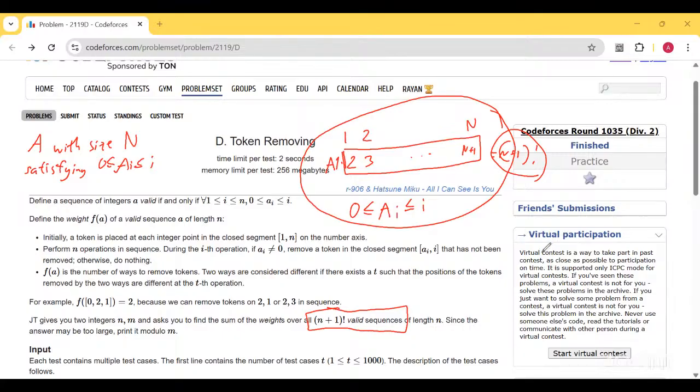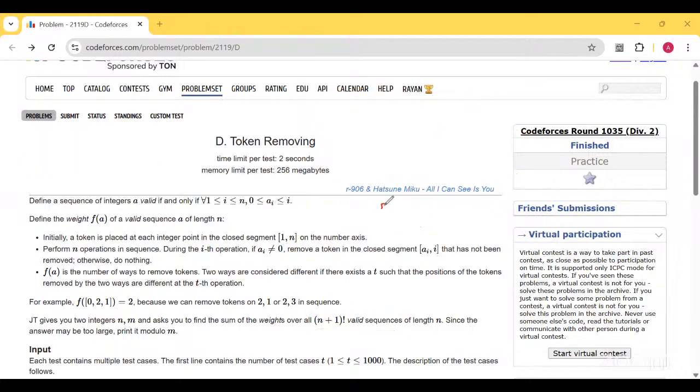And then for every valid sequence, we want to find the score. Let's say f is the score. F for some array is equal to the score of the array. What is the score?